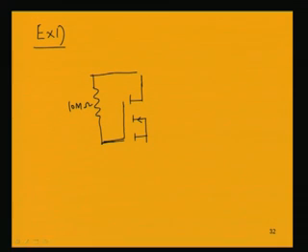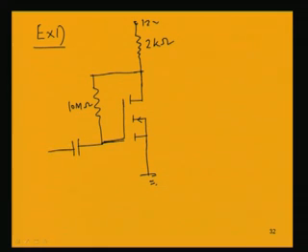And the voltage 12 volt is connected through a resistance 2 kilo ohm to the drain. The capacitances are there to block the DC.